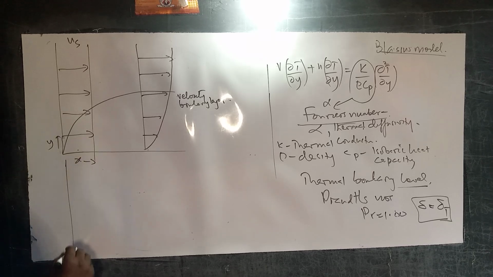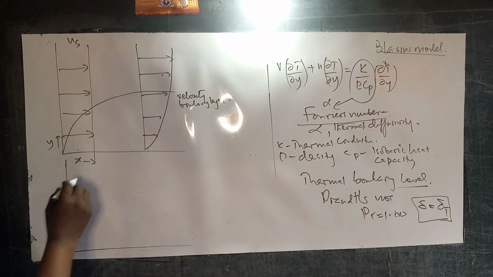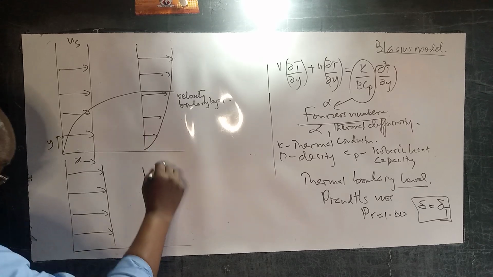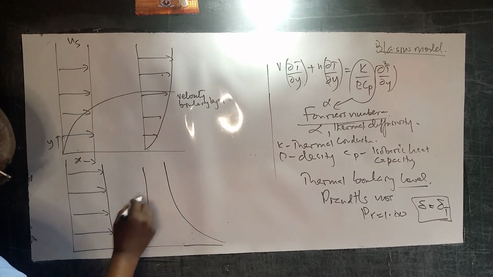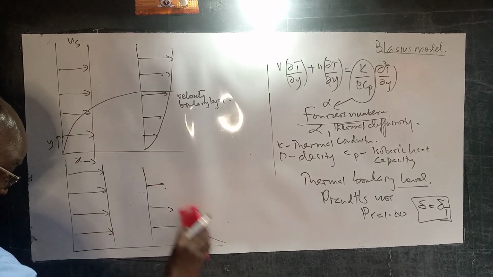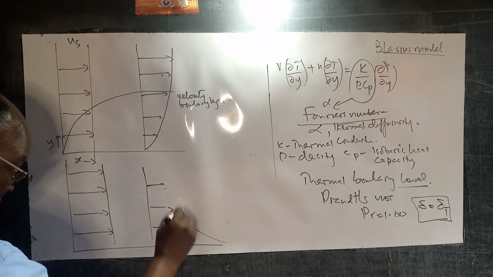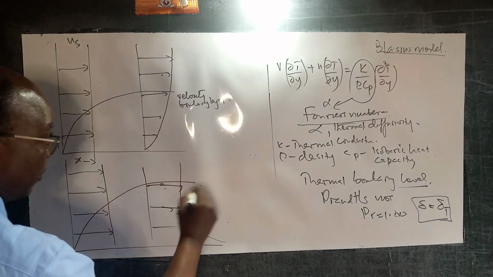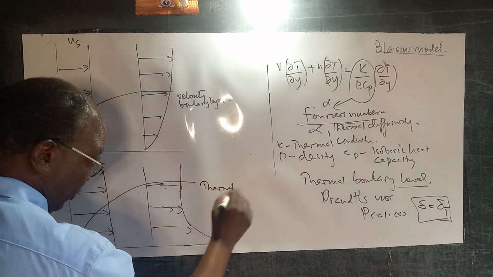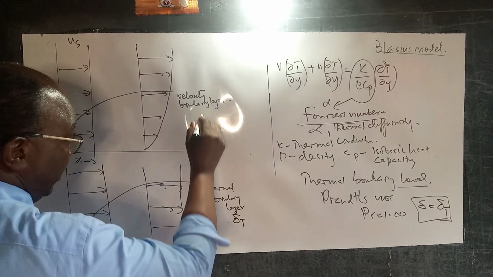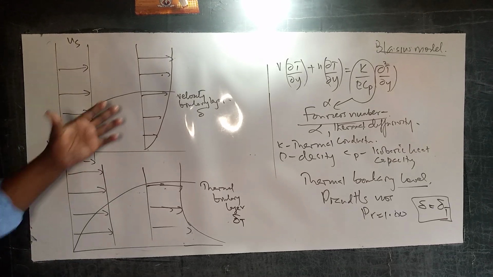And we also have the thermal boundary layer. This is the thermal boundary layer, sigma T.